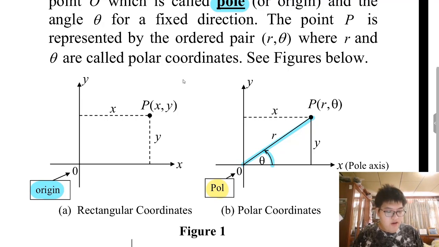Then, when we consider this point, we have to define it in two ways. First is rectangular: you can find it in the direction of x and y, where x is the distance along the x-axis and y is how far it is from the origin. But in polar coordinates it is written as r and theta.